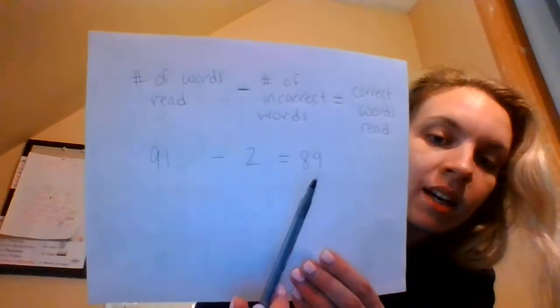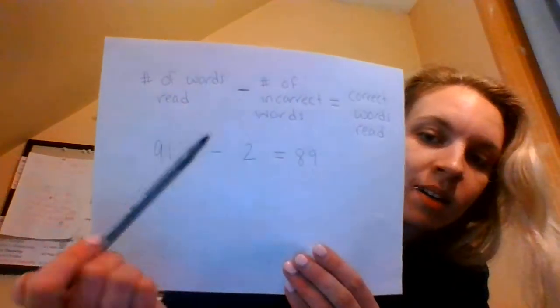So if I read 91 words, and I got 2 wrong, that would equal 89. And to double check your math, 89, 90, 91, the reverse property. So 91 minus 2 is 89. So that means that I read 89 words correctly.